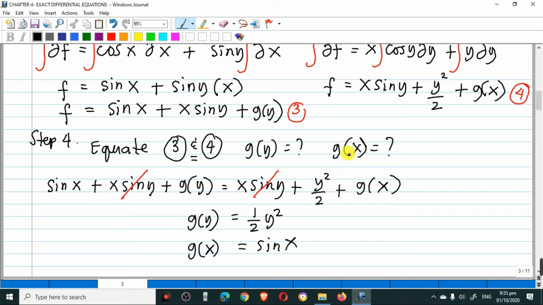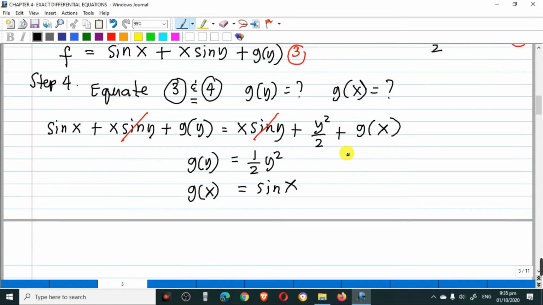So, after that, let us substitute that values sa equation number 3 or number 4, which is our step number 5. Your step number 5, I will write it down again. So, step number 5 na tayo. Step number 5, substituting the values, okay? Substitute the values of gx or let's say gy, okay?